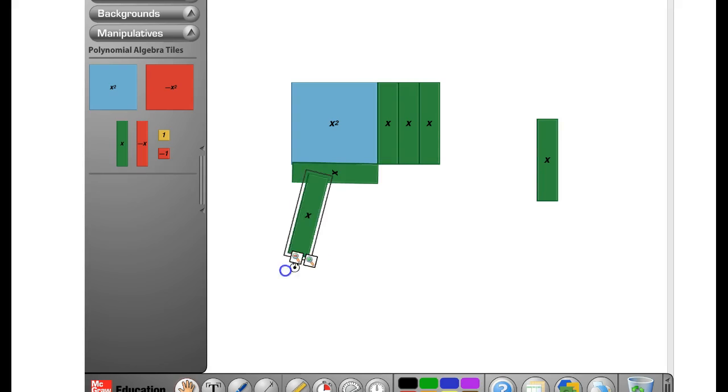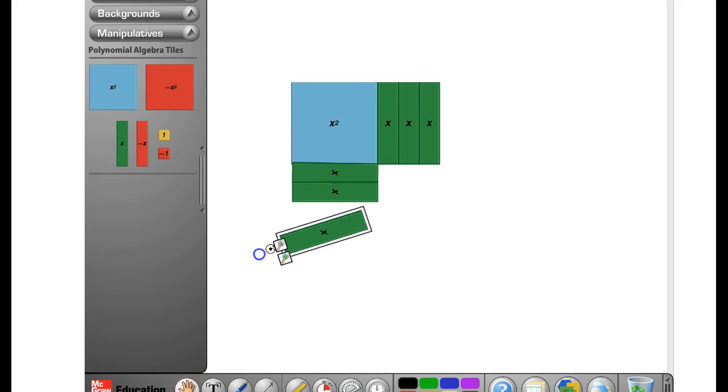So I need to rotate all of these pieces and build a square with them. Okay, so it's starting to look like a square because I do have the same dimensions. So vertically, I've got x plus 3, and then horizontally I have x plus 3.